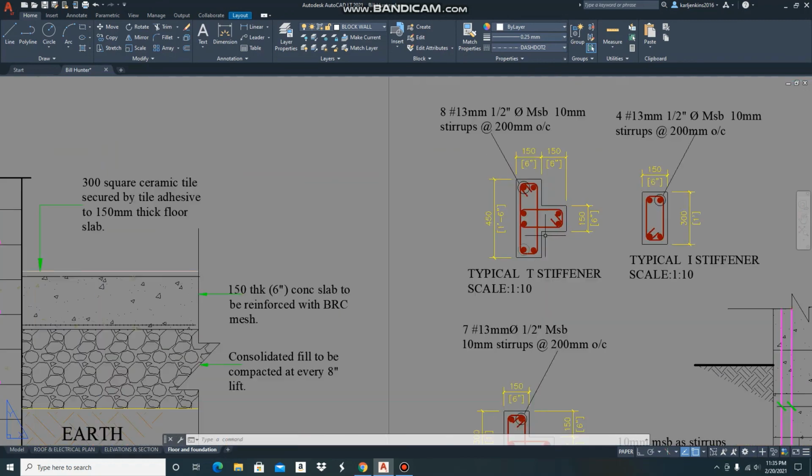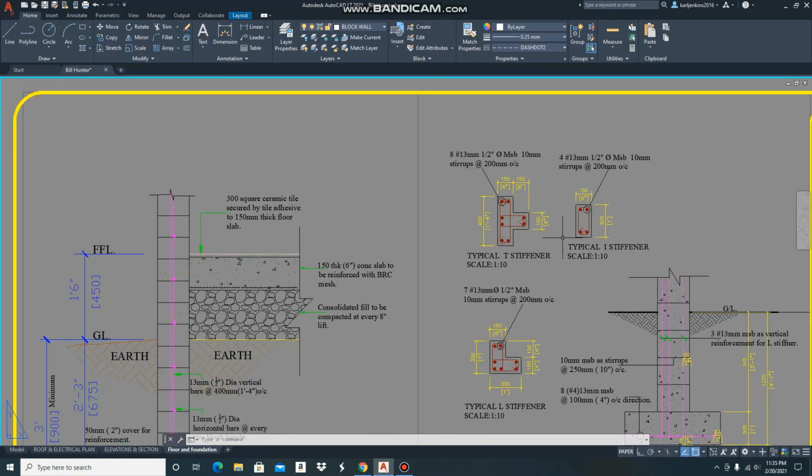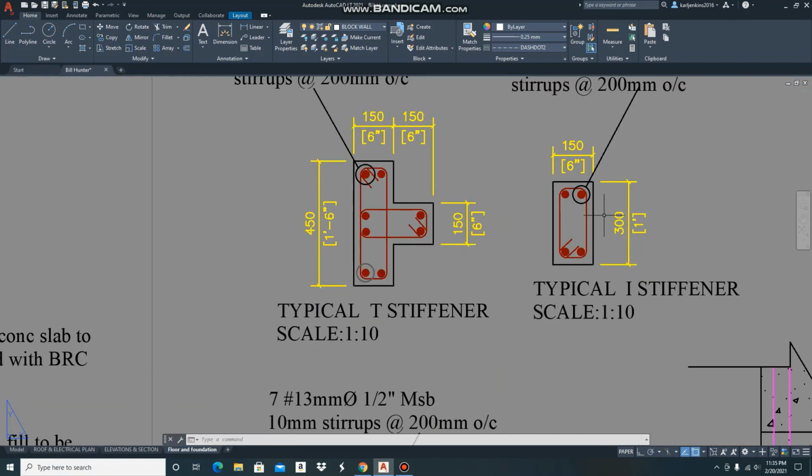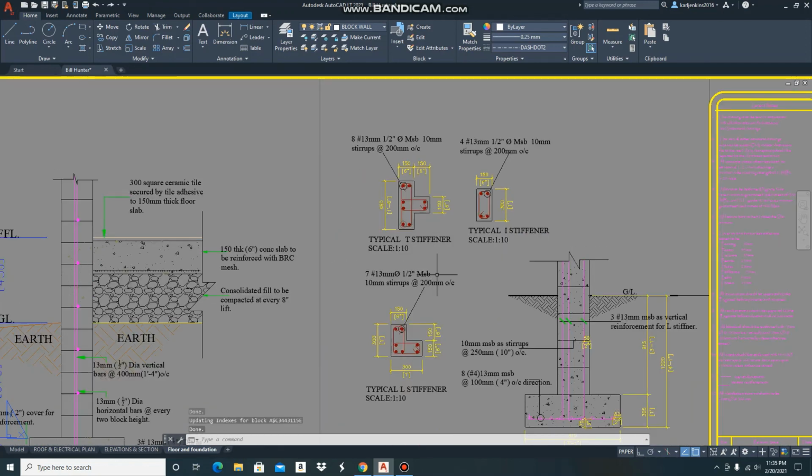You just observe the type of reinforcement that goes into your stiffeners. You know what I mean? The stiffener is usually the same thickness as your wall thickness, so there's nothing much to really study, but just observe.